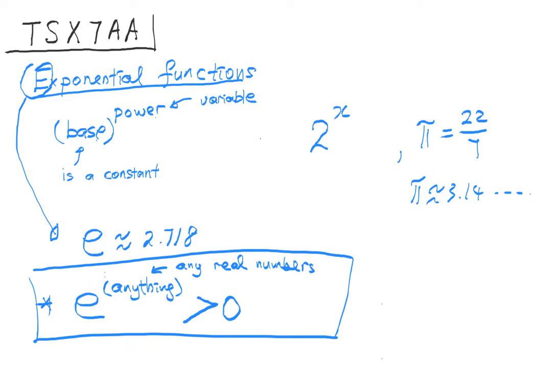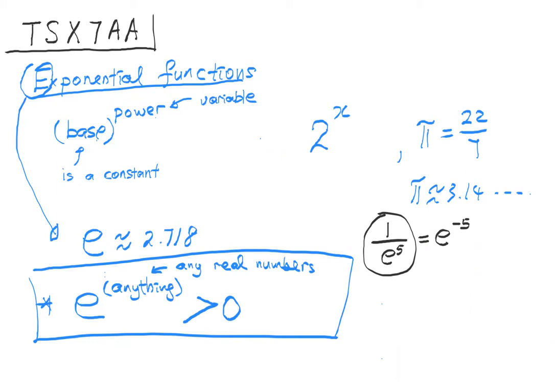Like if I have 1 over e to the power of 5, how do I write it? e to the power of negative 5. So can this be 0? 1 divided by something is always greater than 0. Am I right? So even if the power is negative.